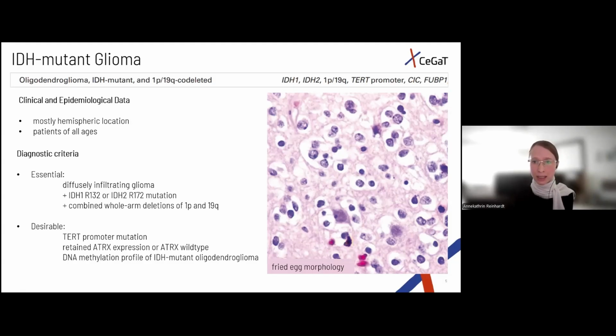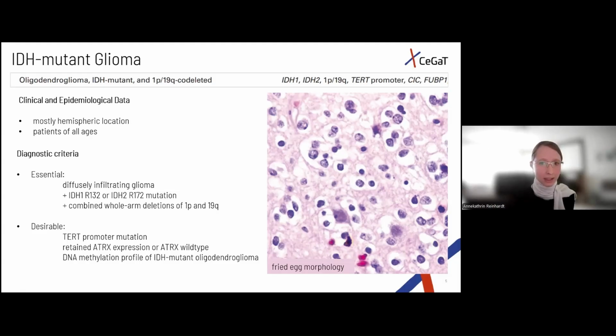R132H, which can also be stained immunohistochemically and covers 90% of IDH mutations in brain tumors. But there can also be rarer IDH mutations, which you can only see via sequencing and not via this immunohistochemistry. So be aware that oligodendrogliomas are more enriched in these rarer IDH mutations.